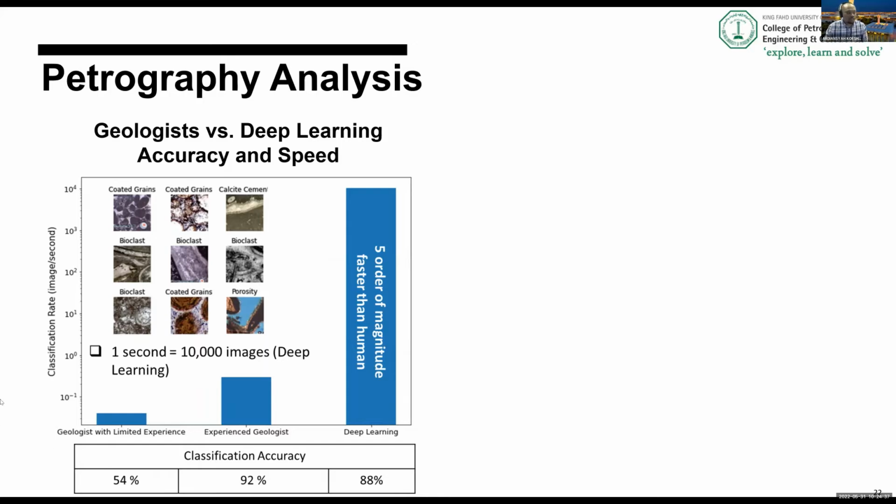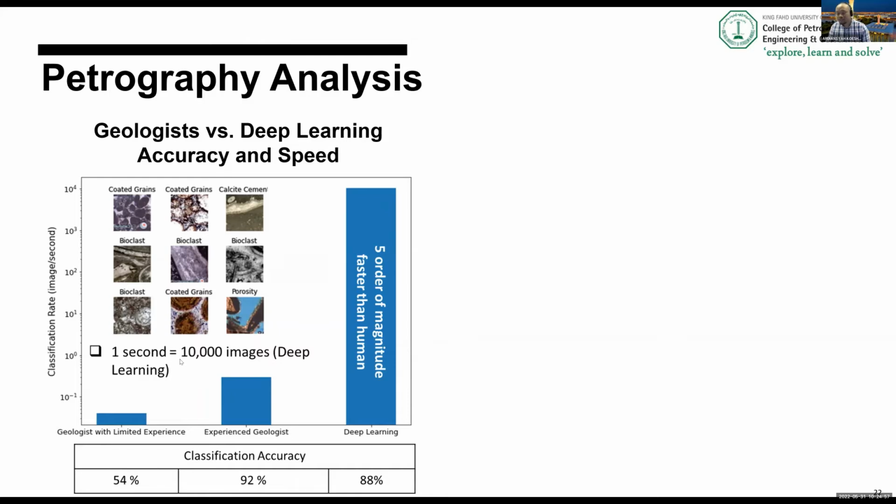But one thing that is really great about deep learning, and what it really offers here, is the combination of accuracy and speed, right? So the classification rate, as you can see, deep learning can reach five orders of magnitude faster than a human.